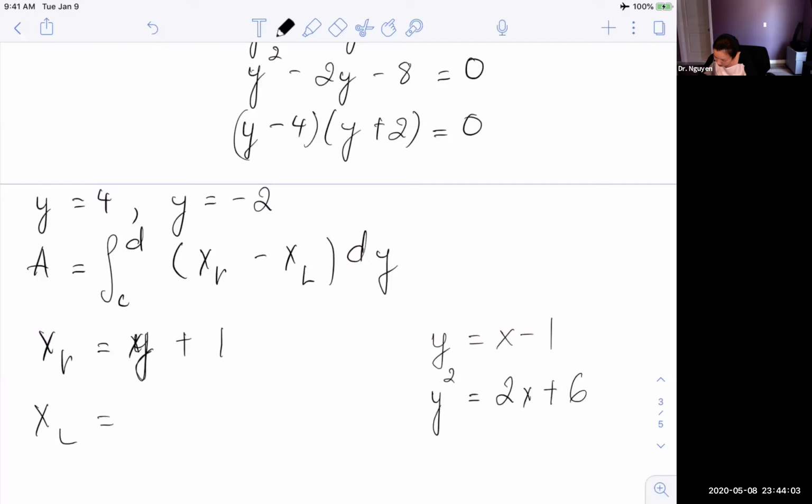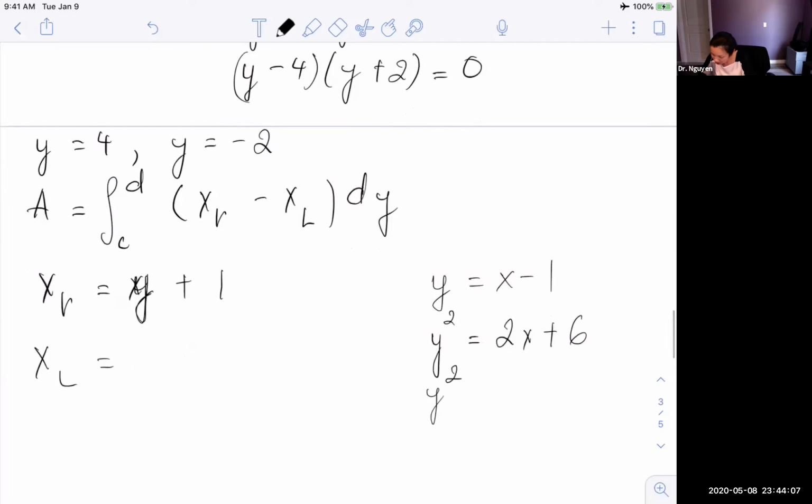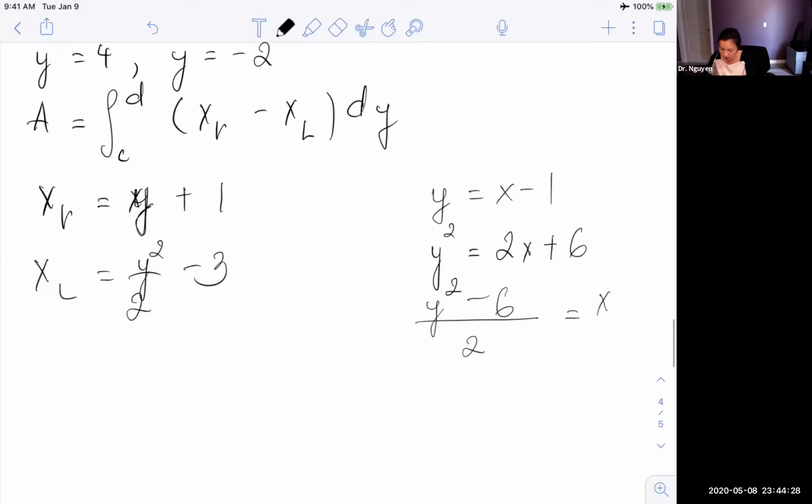So it's going to be y squared minus 6, divided by 2. Okay, so if we simplify that, we're going to end up with y squared divided by 2 minus 3 for the left curve.